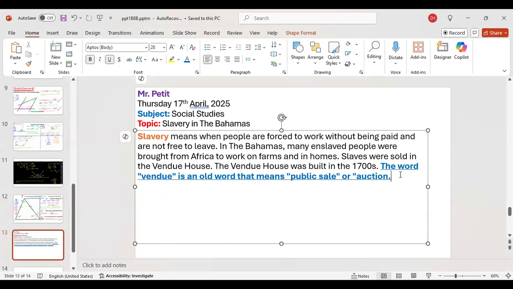But why were black people in particular chosen for slavery? Because they were seen as subhuman. What other reason?